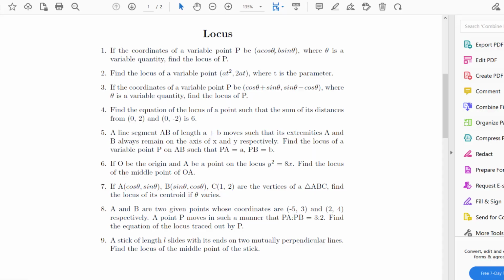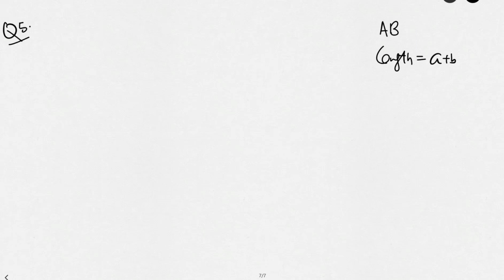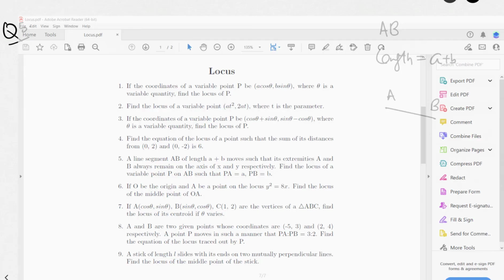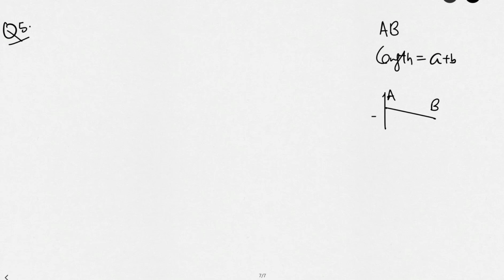What else do we have? It describes the motion of this line: extremities A and B, the endpoints, always remain on the axis of x and y respectively. So this point will always be on the x and y axis, right?